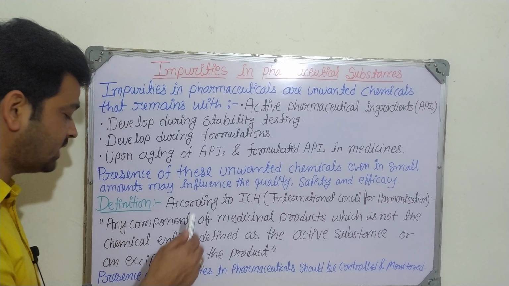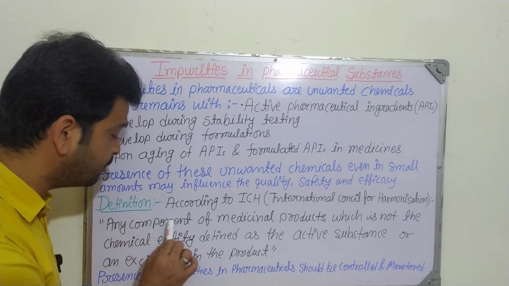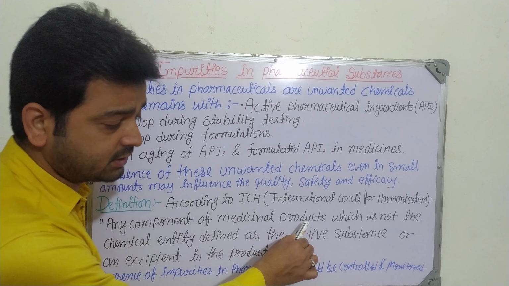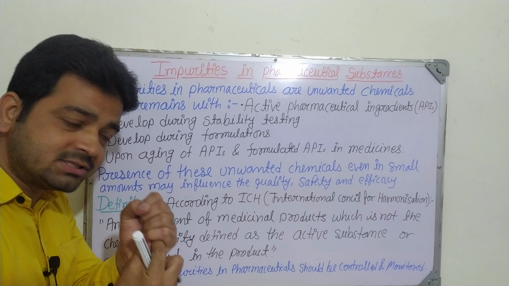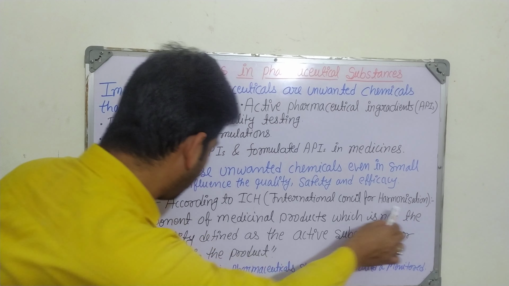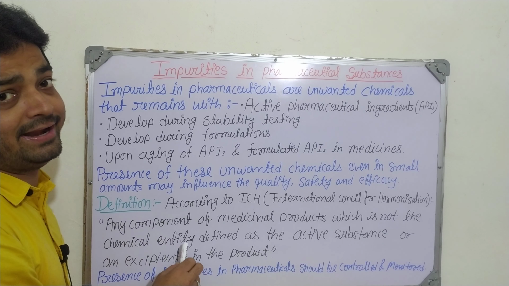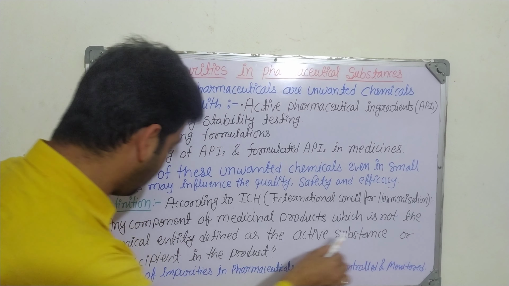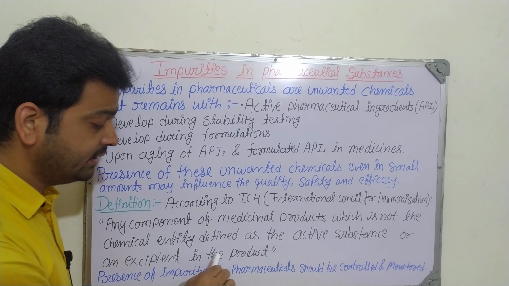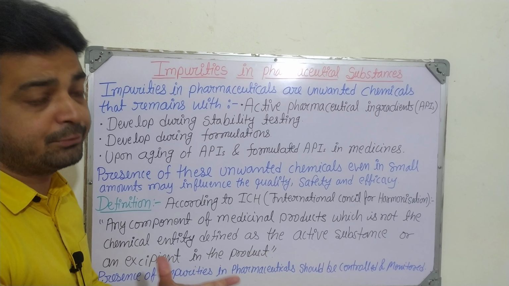According to the ICH, an impurity is any component of a medicinal product which is not the chemical entity defined as the active substance or an excipient in the product. Those are impurities.